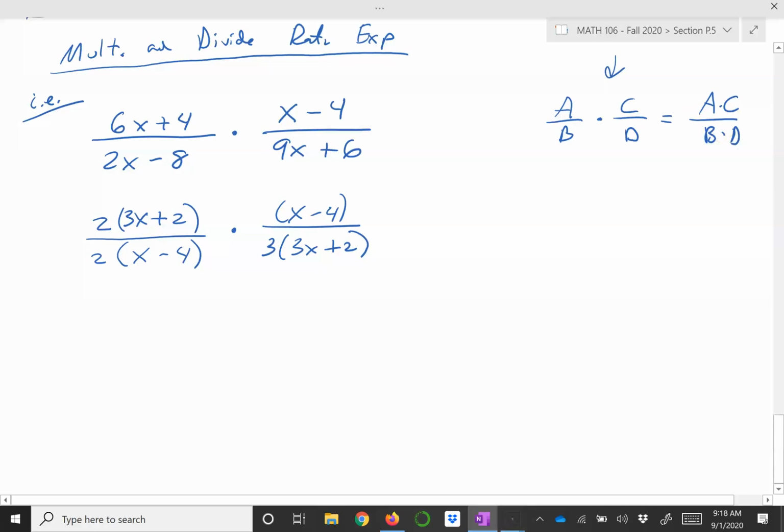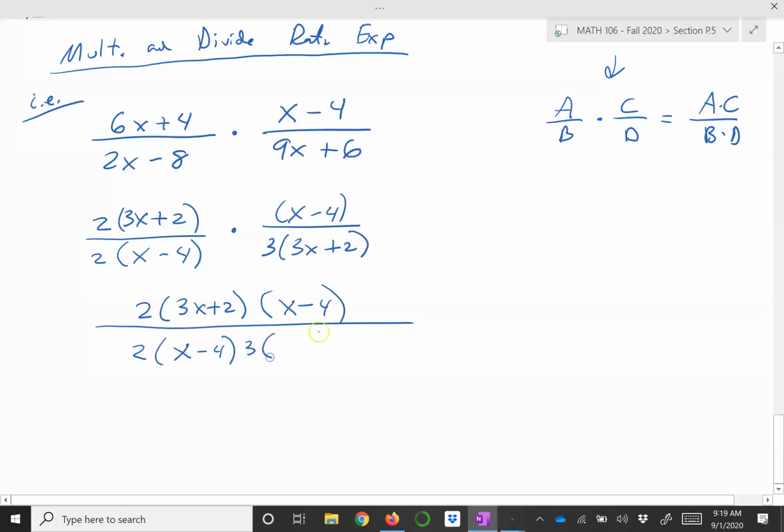Now, that rule still applies for polynomials. So what I'm going to do is make one big fraction here, multiply the numerators and the denominators, but keep them in factored form. So I have 2 times 3x plus 2, and then I'm just tossing that x minus 4 next to it, and then I'm doing the same thing with the denominator.